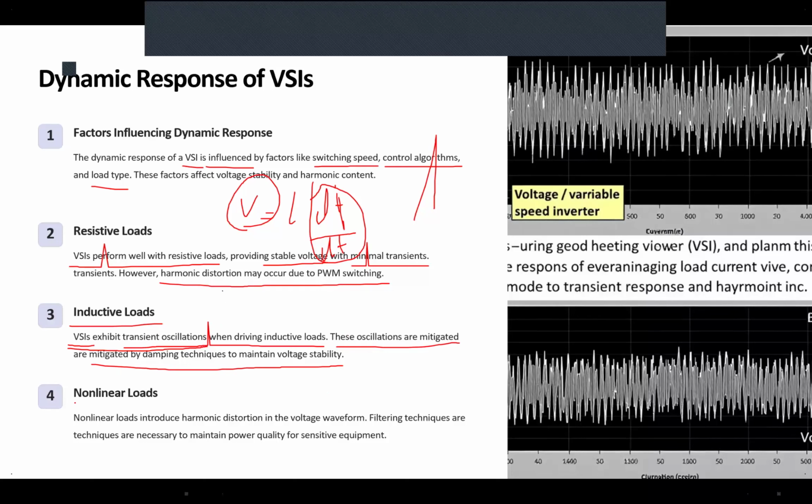Now, if you have a nonlinear load, because nonlinear loads normally introduce harmonics and add to the already existing harmonics at the output of the voltage source, VSI needs again a better filtering technique and it's more sensitive to that harmonic component.